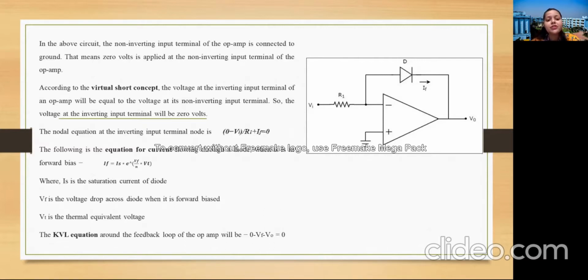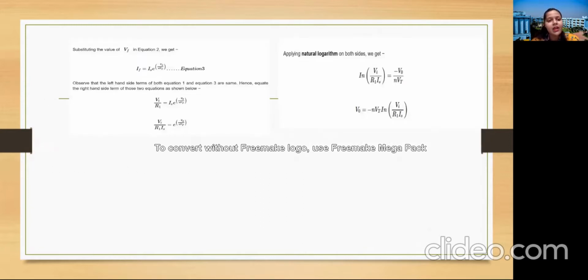Vf is the voltage drop across the diode when it is forward biased. Vt is the thermal equivalent voltage. Now, if we apply the KVL equation in the feedback loop of the op-amp, it becomes minus Vf minus V0 equal to 0. Since this is an inverting amplifier, minus Vf is used. Now, substitute the value of Vf in equation 2 and we get equation 3, that is the value of the forward bias current If.